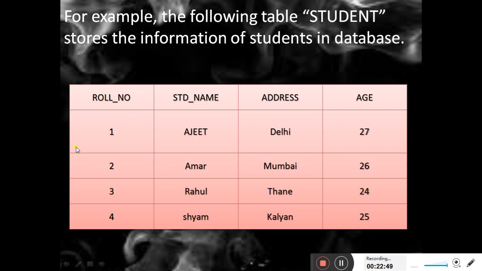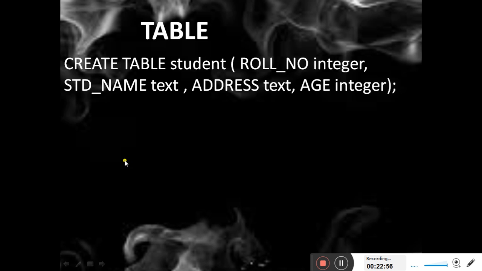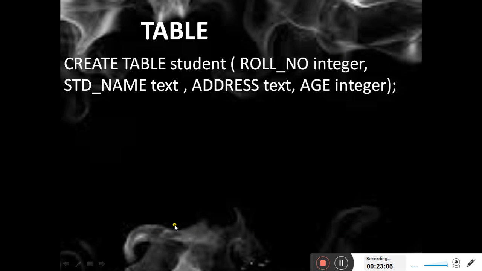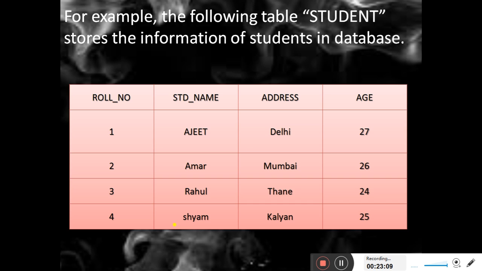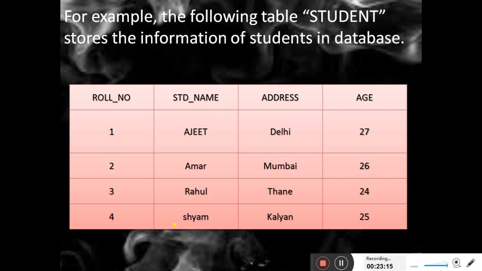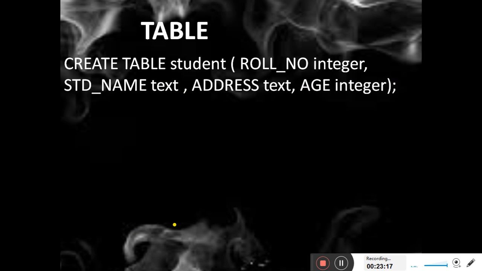Here you are going to insert numbers, so the data type for this is integer. Again in student name you are going to assign alphabets, so the data type for this is text. In address again alphanumeric, so here again text type of data you are going to insert. And for age you are going to insert numbers, so that is integer type of data. Got it?